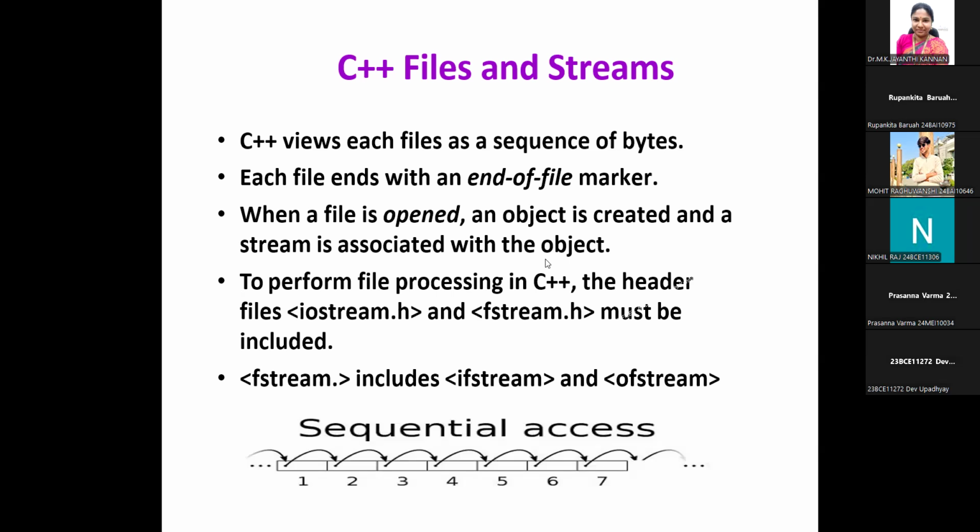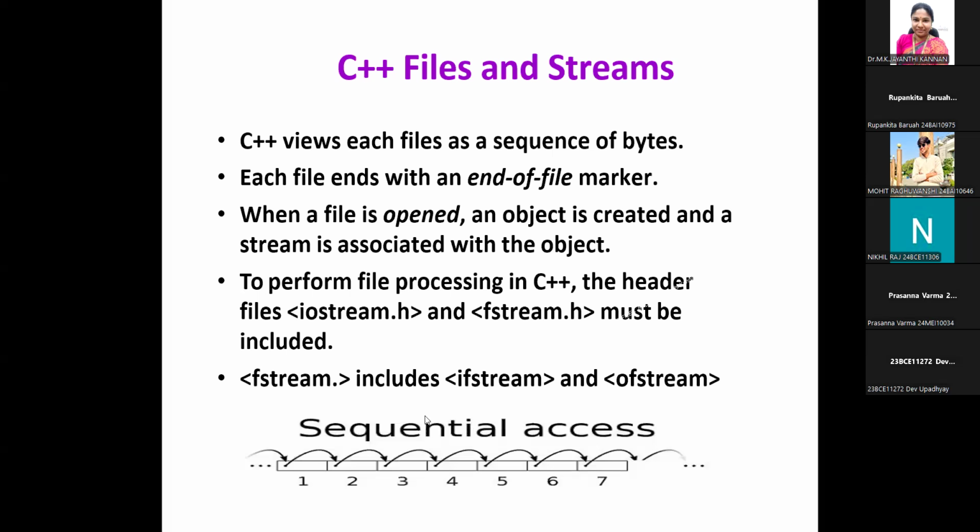To perform file processing in C++, the header files iostream.h and fstream.h must be included in our C++ program. Within fstream, we have the input file stream and output file stream, ifstream and ofstream, derived classes.